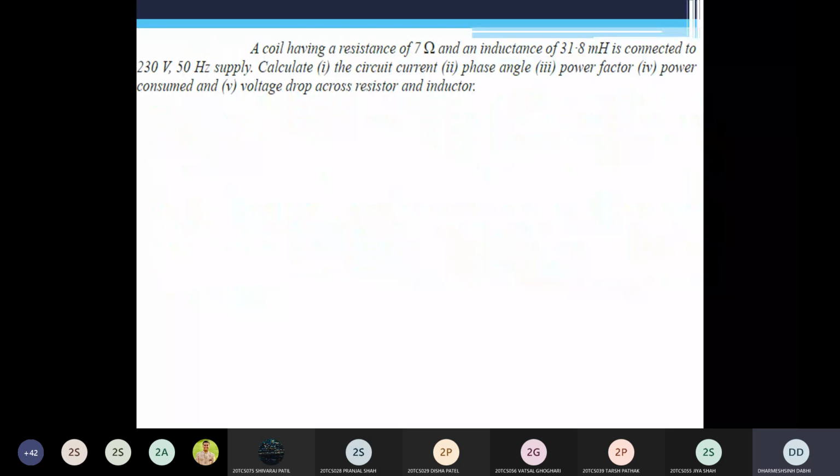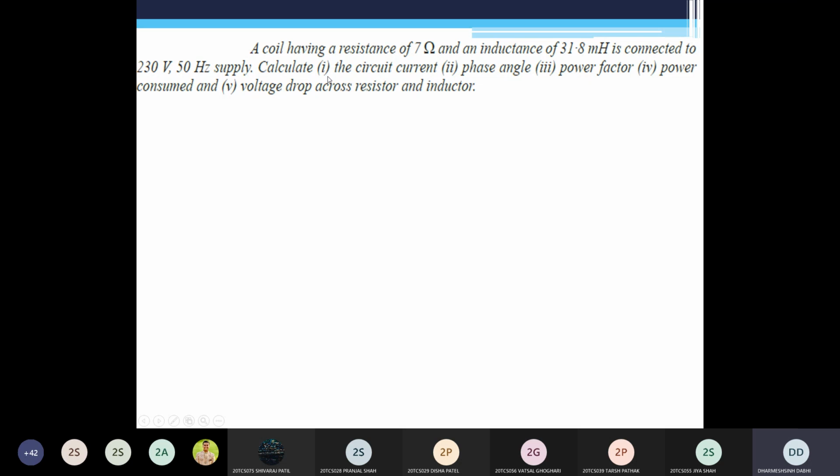Understand the concept of this circuit. Now write down example number 1. A coil having a resistance of 7 ohm and inductance of 31.8 millihenry is connected to a 230 volt, 50 hertz supply.